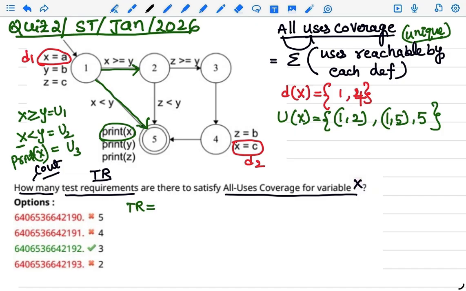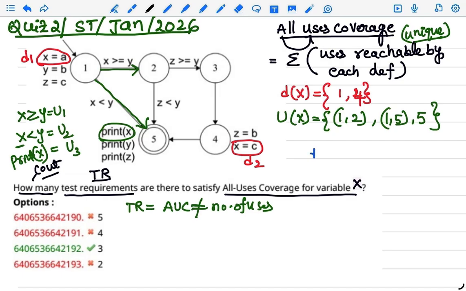Here we don't consider all the uses. So the test requirements for all-uses coverage is not equal to the number of uses. Why? Some uses are not reachable by each definition. Because of that, it is not equal to the number of uses.